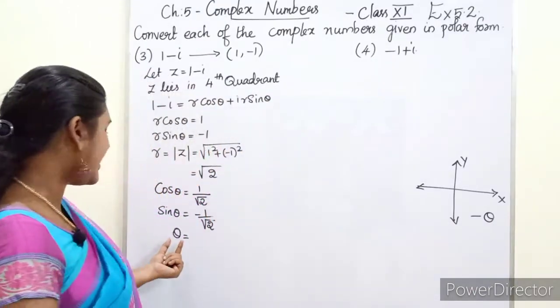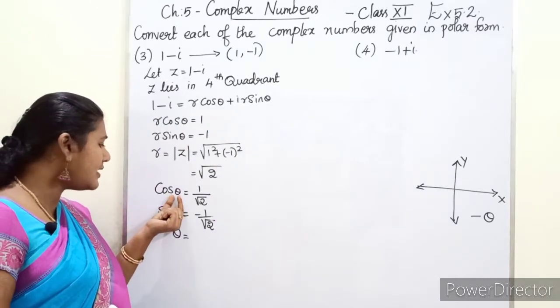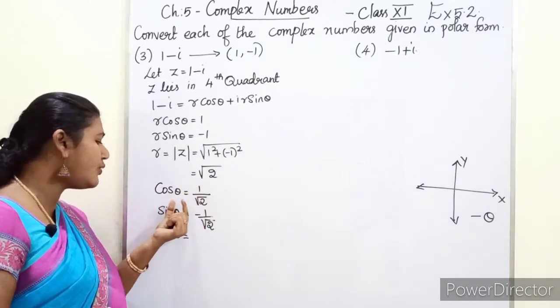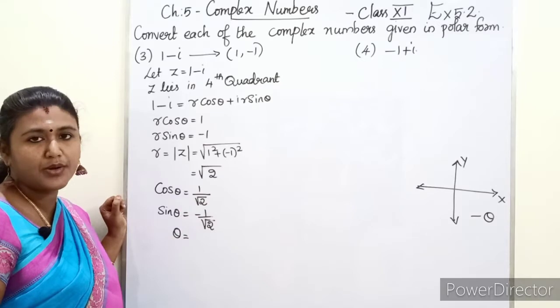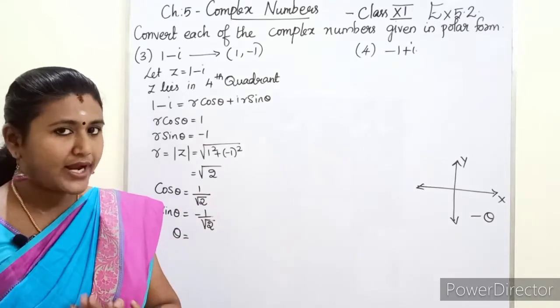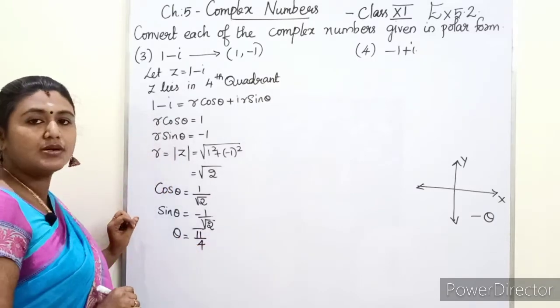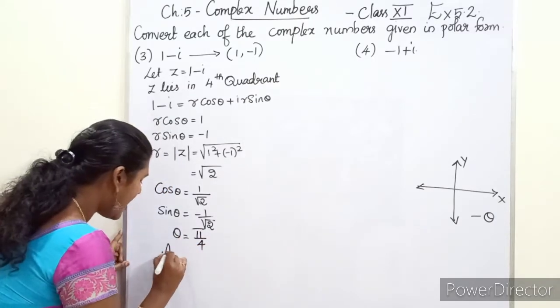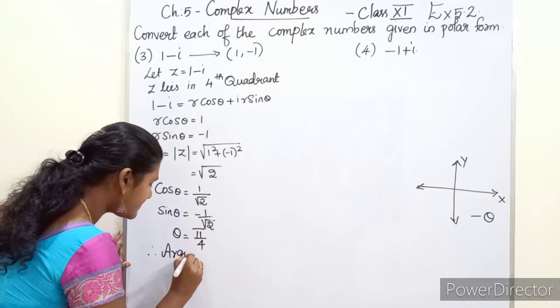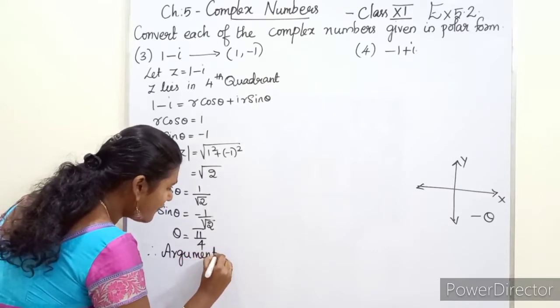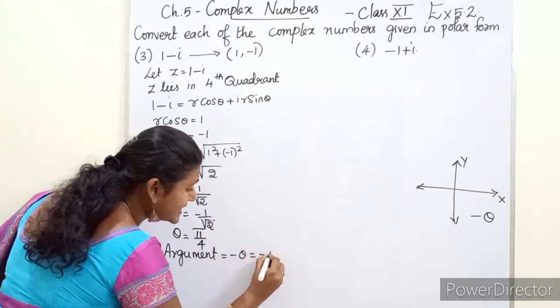So first we will find out theta, for which angle cos theta is 1 by root 2 and sin theta is also 1 by root 2. That is for 45 degrees, that is pi by 4. So we can write theta is equal to pi by 4. Therefore argument is equal to minus theta, that is minus pi by 4.